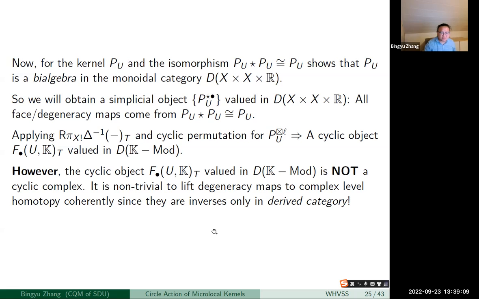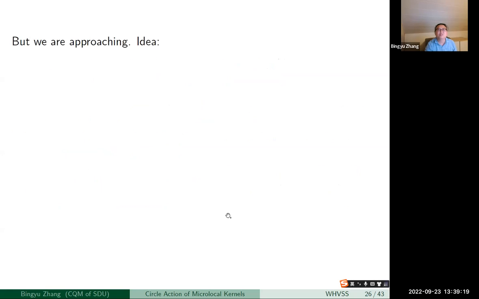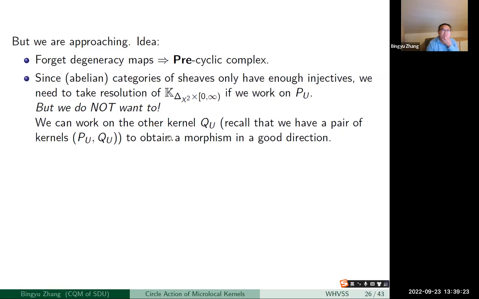So maybe in some setup we can run this machine in an infinity category, but now I choose a more classical solution, that we take some resolution. The first idea is that it's hard to lift the degeneracy map, so we forget them. Then we will get a pre-cyclic complex. It's like when we consider the non-unital Hausdorff complex.